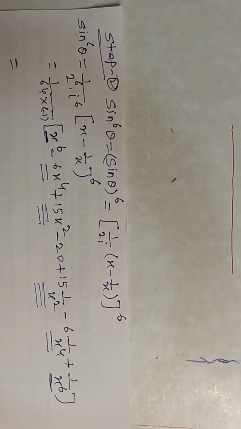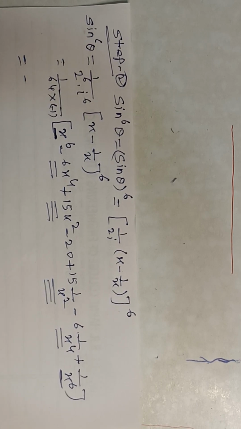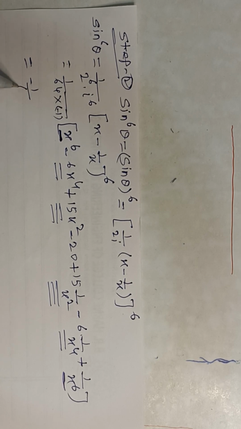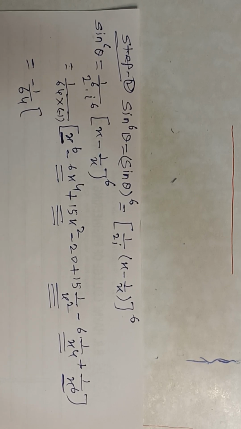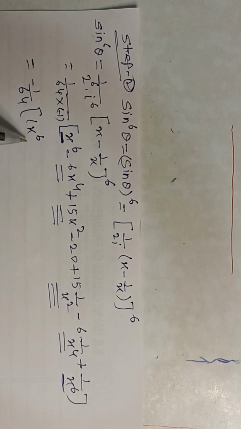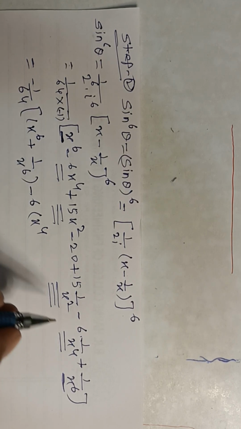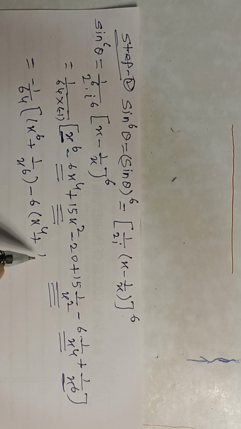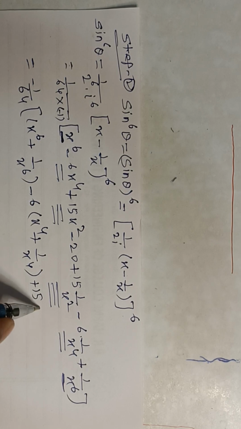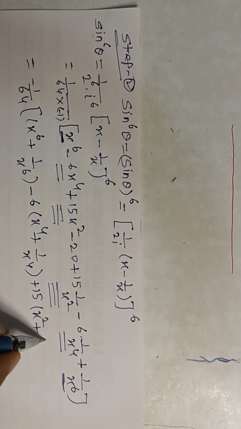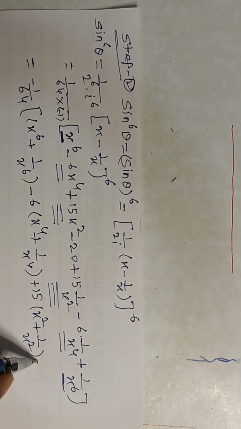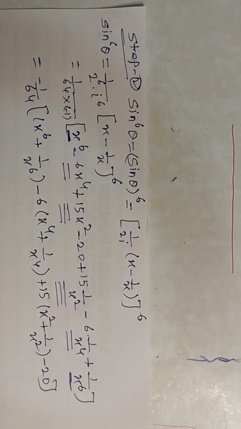So this is equal to minus 1 upon 64 into bracket x to the power 6 plus 1 upon x to the power 6 minus 6 times x raised to 4 plus 1 upon x raised to 4, minus sign taken common, plus 15 times x square plus 1 upon x square minus 20. Okay.